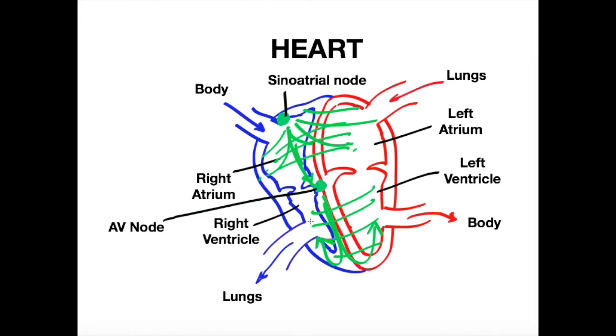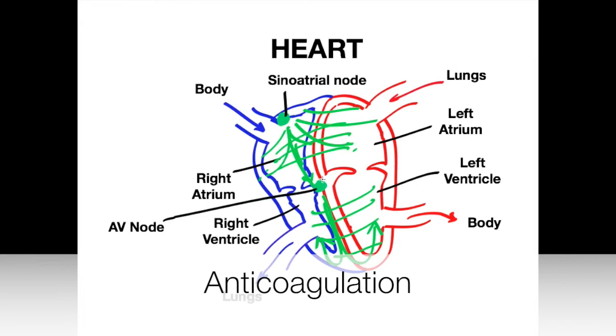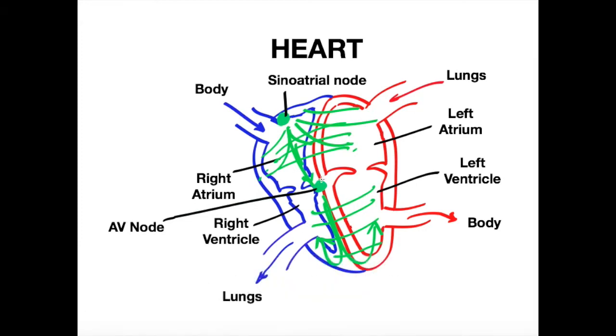Therefore, firstly, in a patient with atrial fibrillation, the GP will consider the necessity to anticoagulate the patient, in other words, thin the blood down, and there are various medications that the GP can provide to thin the blood down and minimize the risk of blood clots forming.